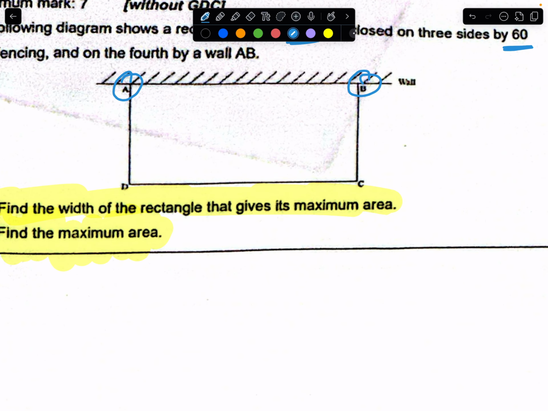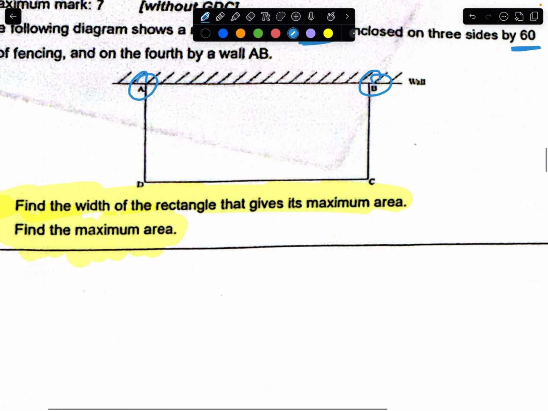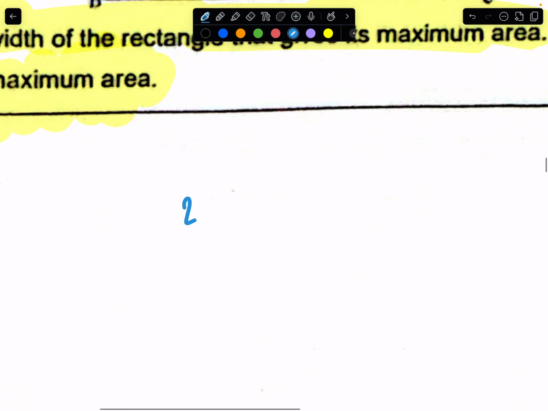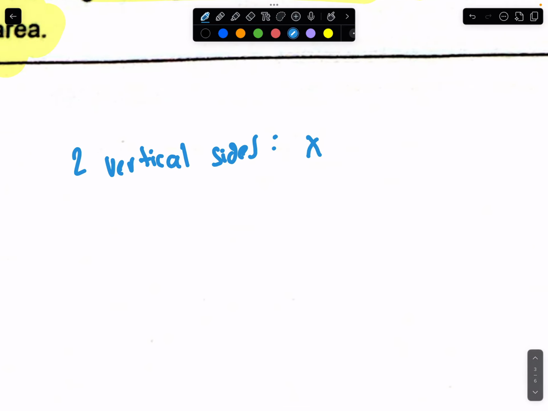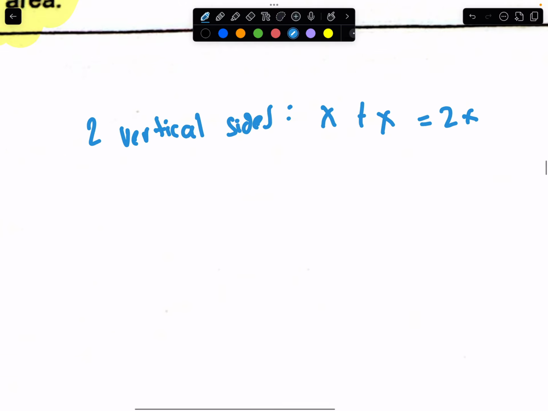Now we have to define the variables. We can label the width as x and the length, which is along the wall, y. So we have two vertical sides, which we can say x plus x, which will give us 2x, and one horizontal side, which is y.